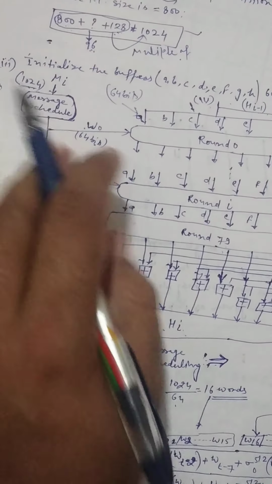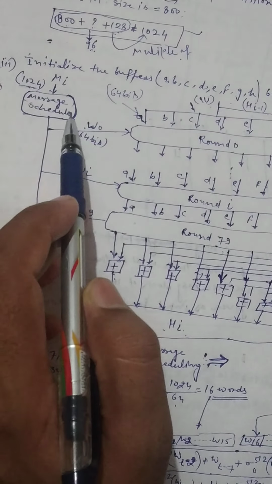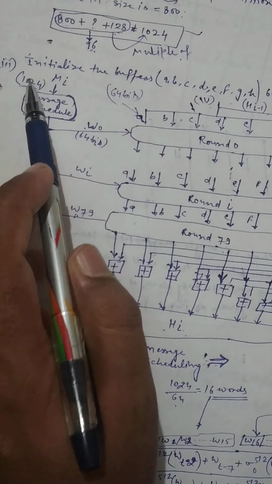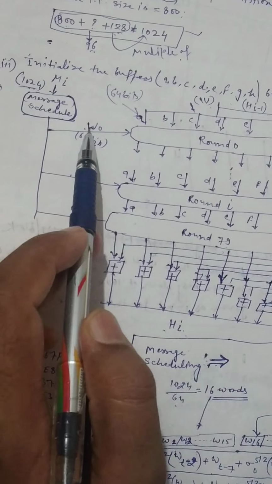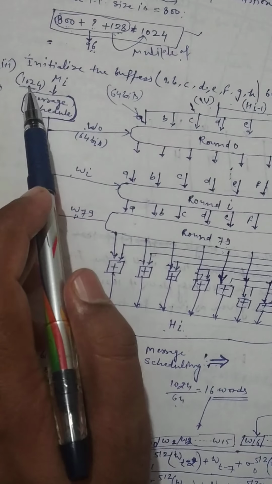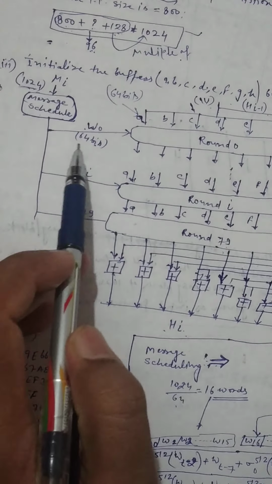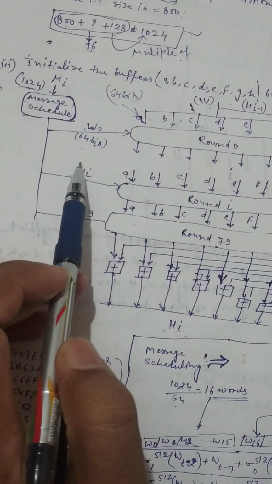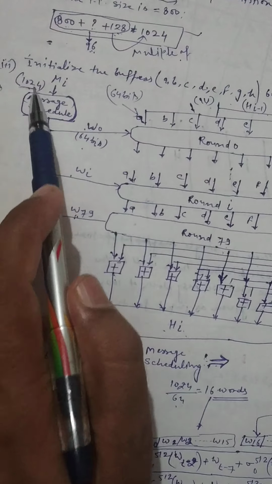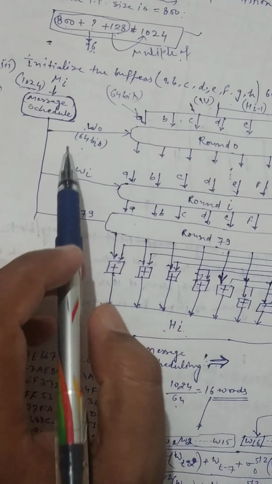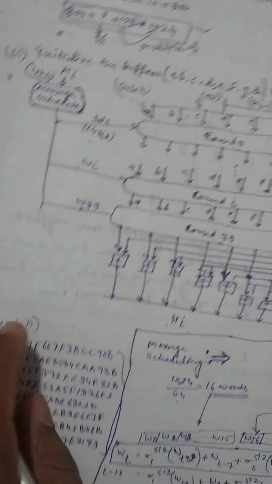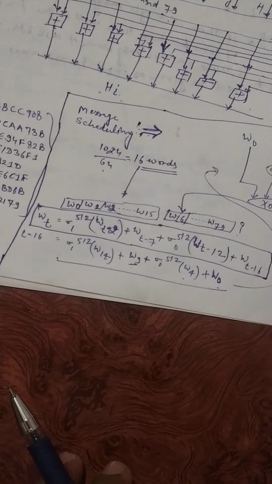So we can take 64 bits for W0, directly from the plain text. The initial 64 bits go in W0, the next 64 bits for W1, and the next for W2. So we have to allocate 64-bit values from W0 to W15. In this manner we generate our 16 words, W0 to W15.